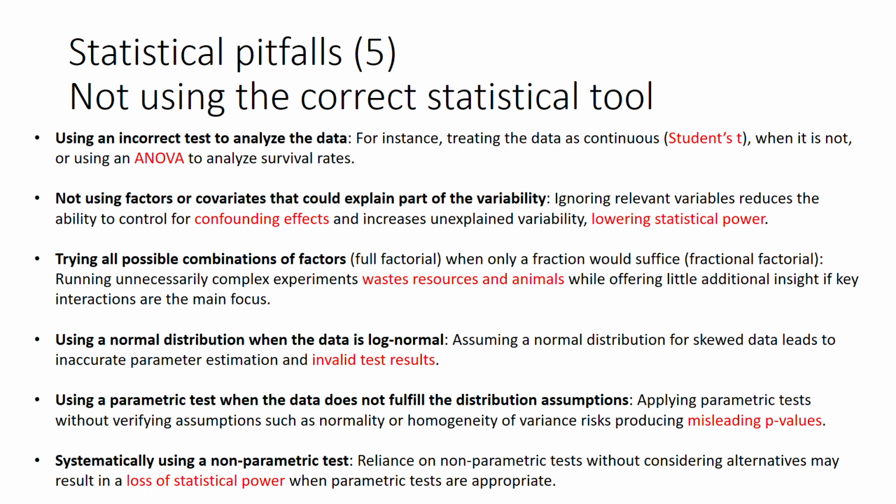Then you may be always using a student t-test, which is a parametric test that assumes that the data is Gaussianly distributed, when your data is not Gaussianly distributed, and then the p-values calculated by the student t-test are not correct. So you should use a non-parametric test to analyze this data, because you are not fulfilling the assumptions of the test.